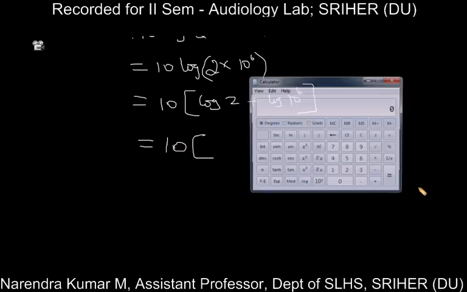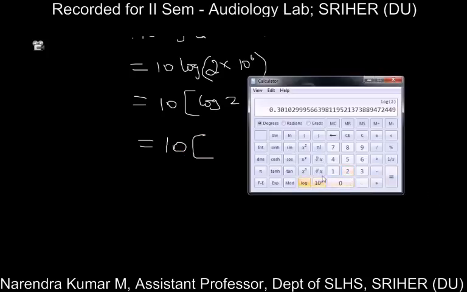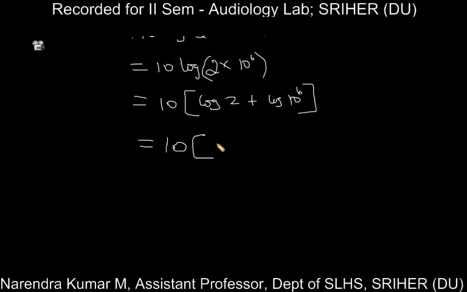So log of 2 is going to be 0.3010. And whenever there is a log, the exponent will come in front of the log. So it is going to become 6 log of 10.